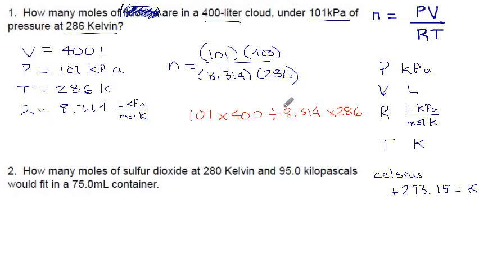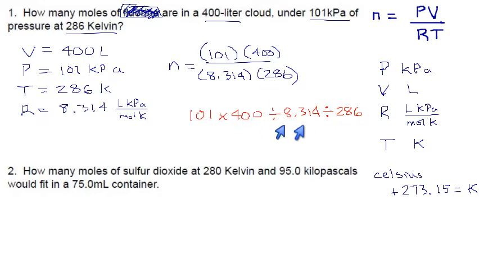The two ways you can fix it are you can bracket the denominator like this. That means divide by both of the following things. That will work. Or the way I do them fairly often, you can divide by both of these numbers. 101 times 400 divided by 8.314 and also divided by 286.